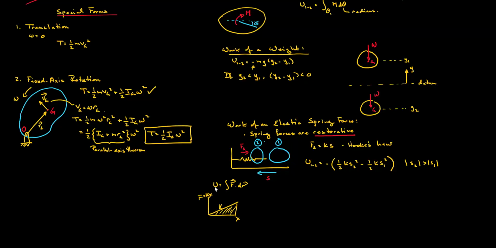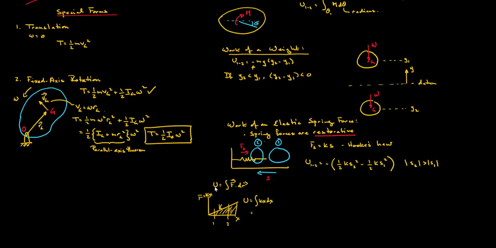Between position 1 and position 2, the force has not remained constant. So we could express the work as the integral of Hooke's law, which states that the force of a spring is kx, multiplied by dx, the differential displacement.